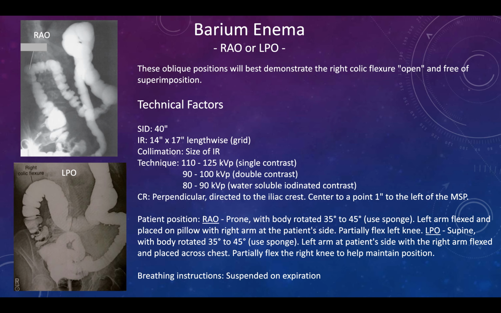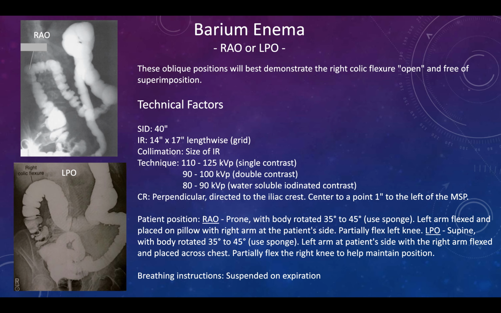And I split these up into the RAO and LPO, because these are the oblique positions that are going to best demonstrate that right colic flexure open and free of superimposition.